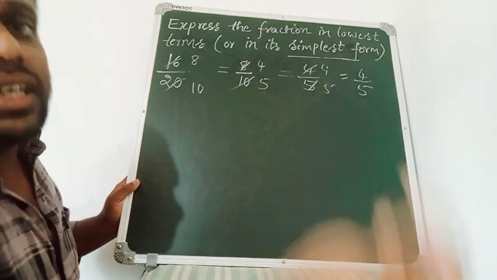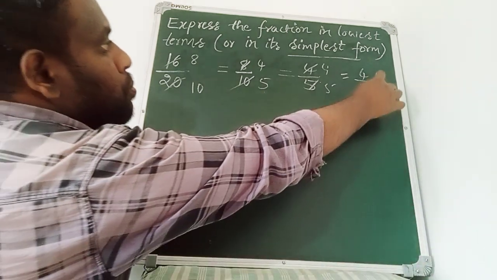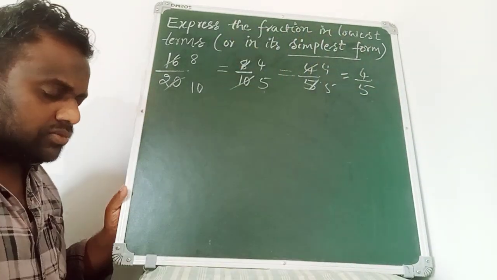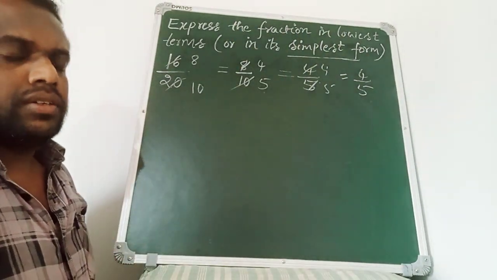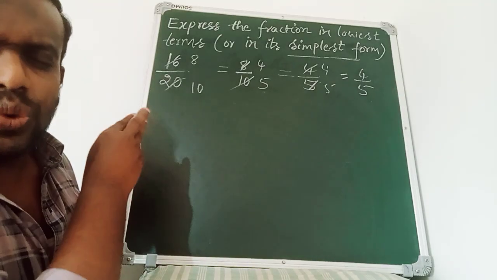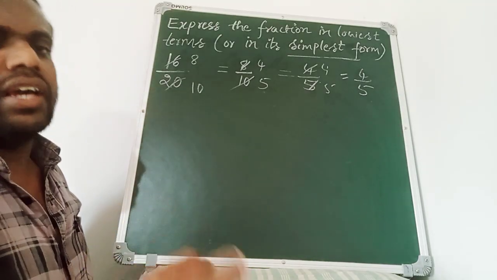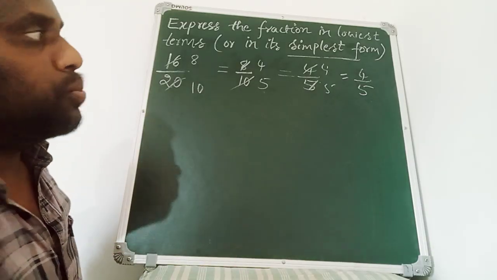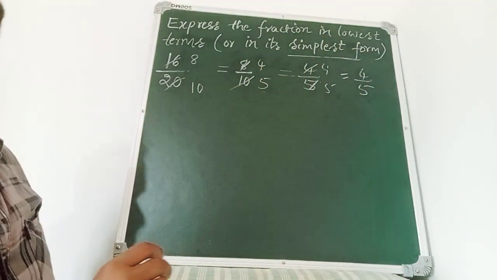You think about any other number which can divide both 4 and 5. Just think. See, there is no other number that can divide both 4 and 5.